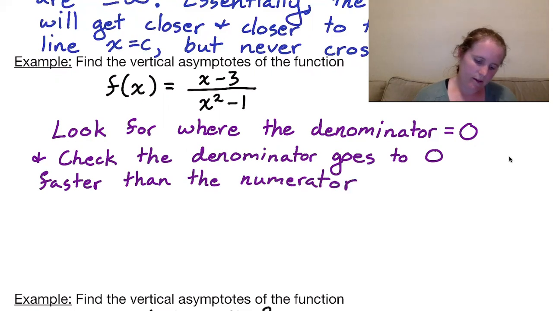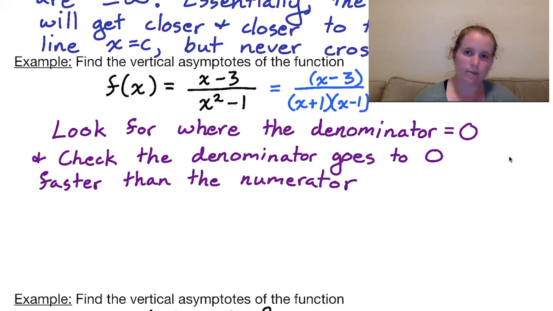So if we were to factor our denominator, x squared minus 1 factors as x plus 1 times x minus 1. That numerator is already factored, it is simply x minus 3.